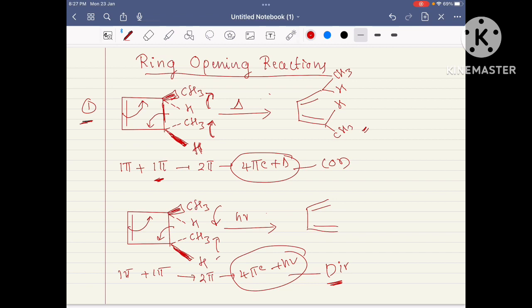If you are rotating in this direction, hydrogen goes inside and CH3 comes outside. If we are rotating in this direction, CH3 comes inside and H goes outside. This is the product.